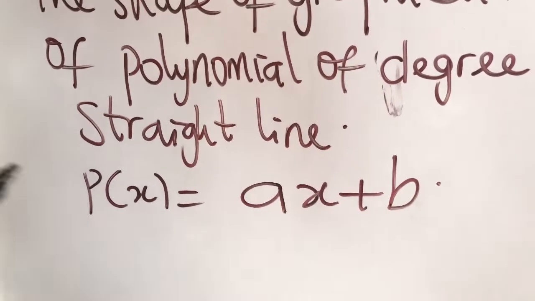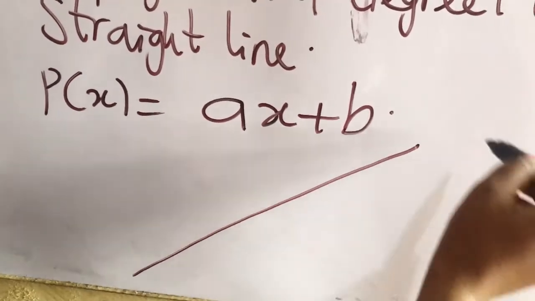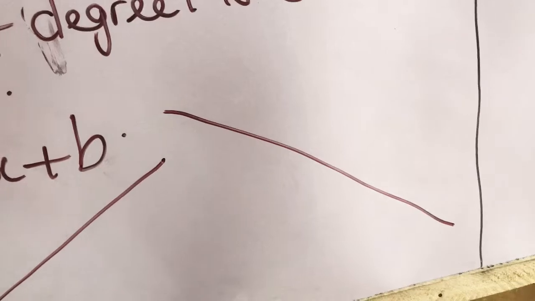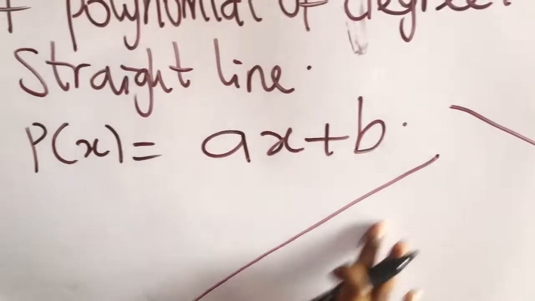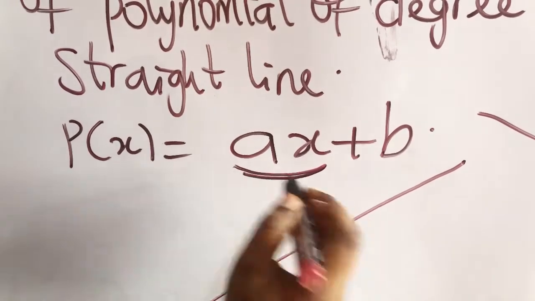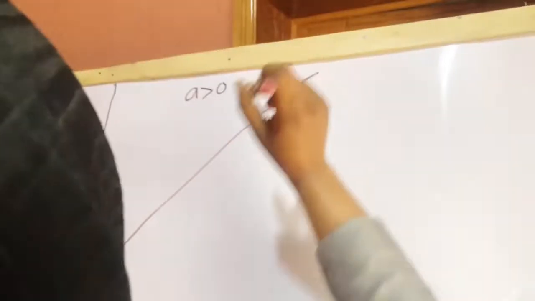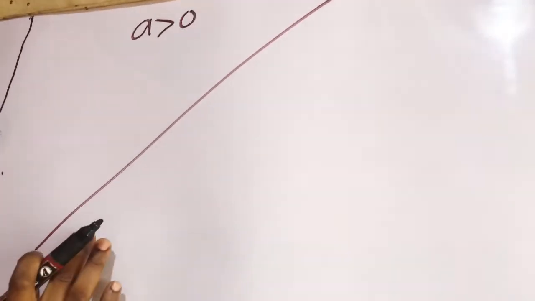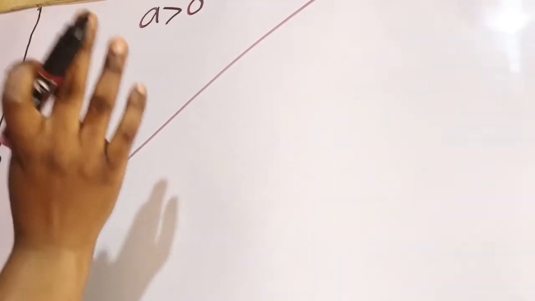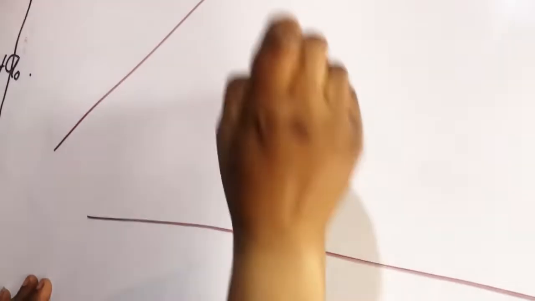So now the straight line can be of this form, can look like this, or it looks like this. Now the shape, how it looks, depends on the coefficient of x, that is a. If a is greater than 0, then the graph will come up like this. The line will rise up as y and x increase. So we just want to sketch.